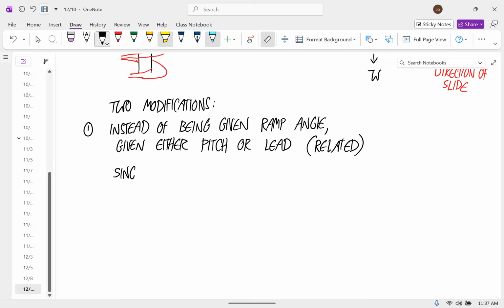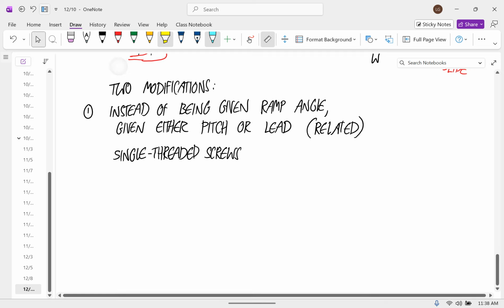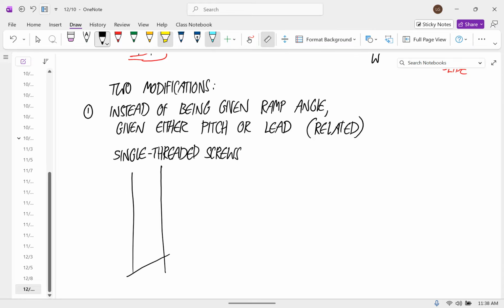So for single threaded screws, which is the most common, if you think of the thread, and imagine an ant walking his way along this thread. You would see the ant here.